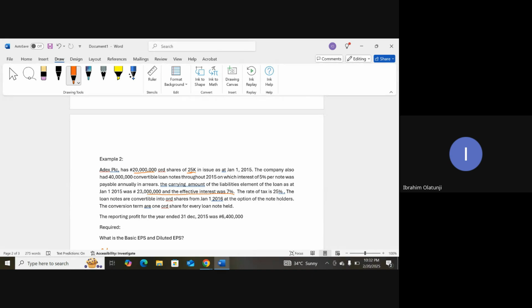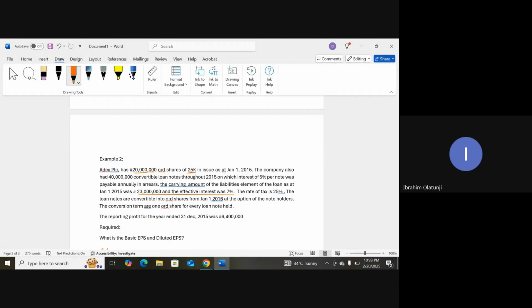So this is your concern for the value. You are calculating interest savings net of tax on convertible loan stock.